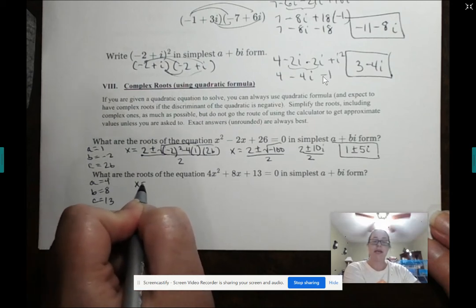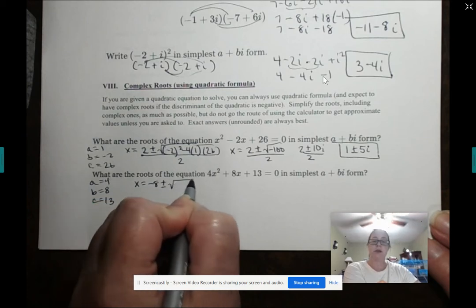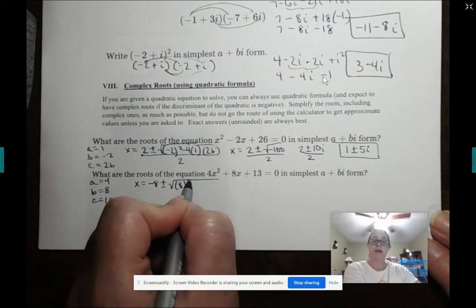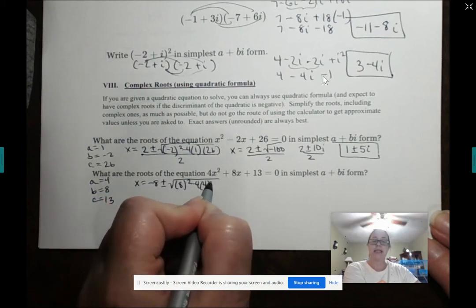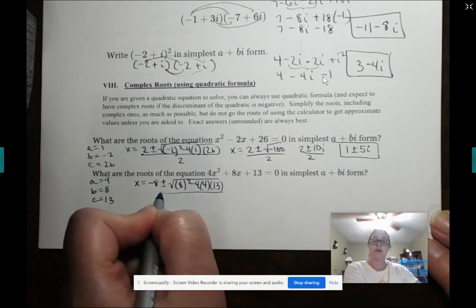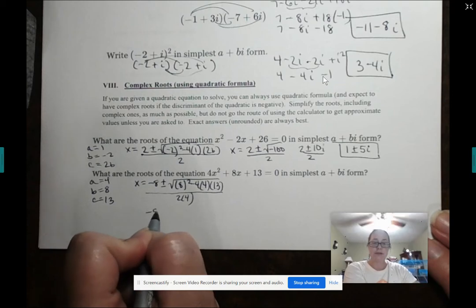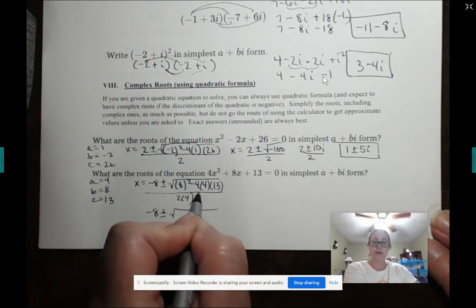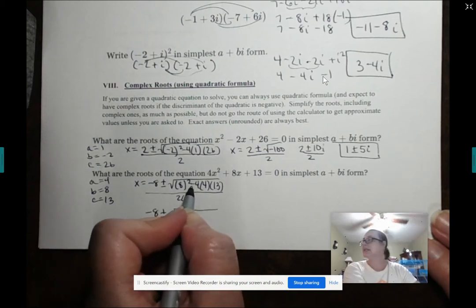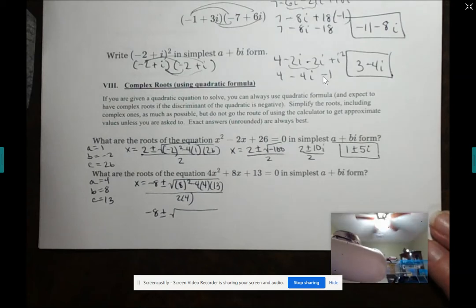So negative b plus or minus the square root of b squared minus 4 times a times c over 2 times a. So if I simplify that, I get 64 minus, I should know this, and I have forgotten to write it down.